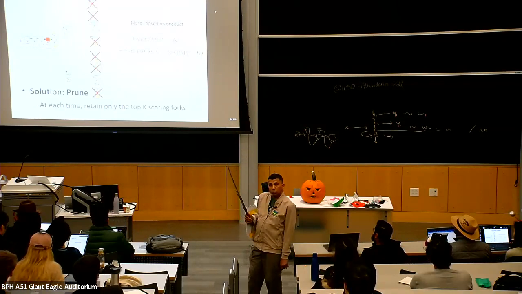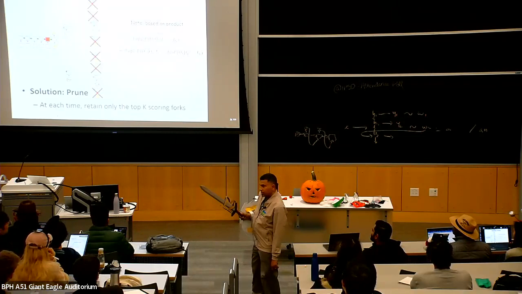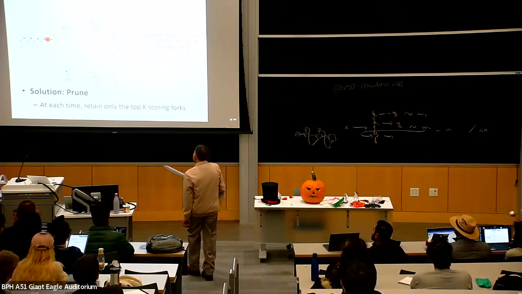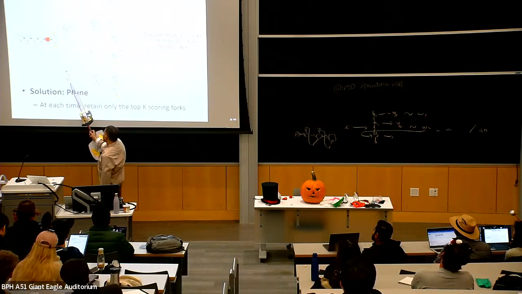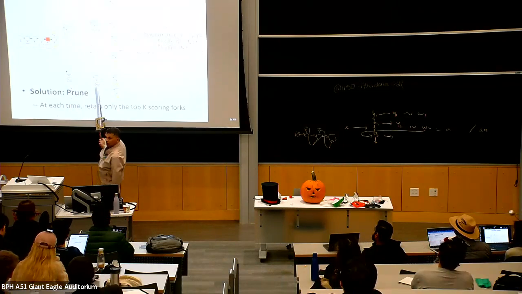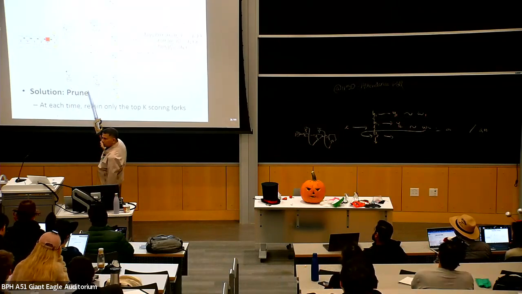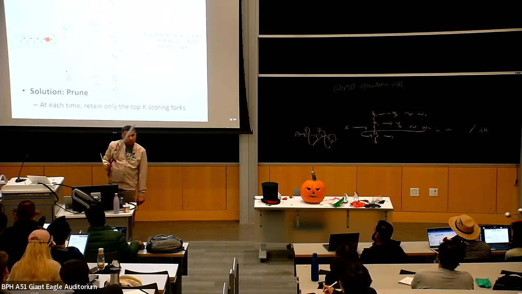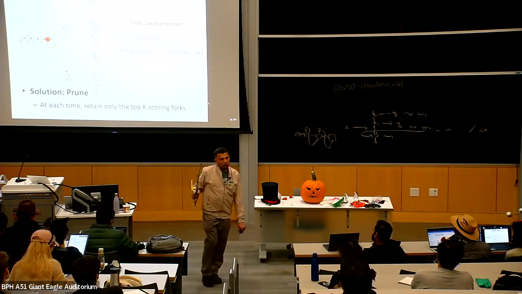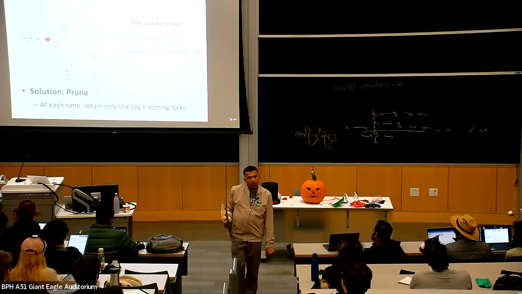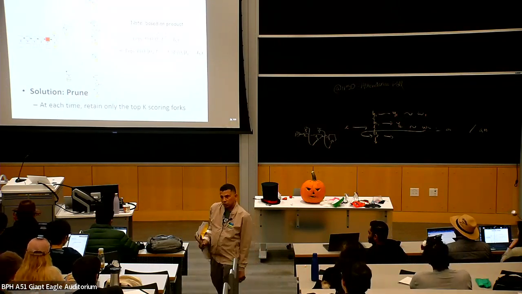Because you want to pick the most likely sequence, right? So the fact that we're going to be retaining nose and nose is based on the fact that the probability of v times the probability of nose and the probability of he times the probability of nose, these two are the highest. The sequence of probabilities is what you're going to be using to decide which ones to keep, right?